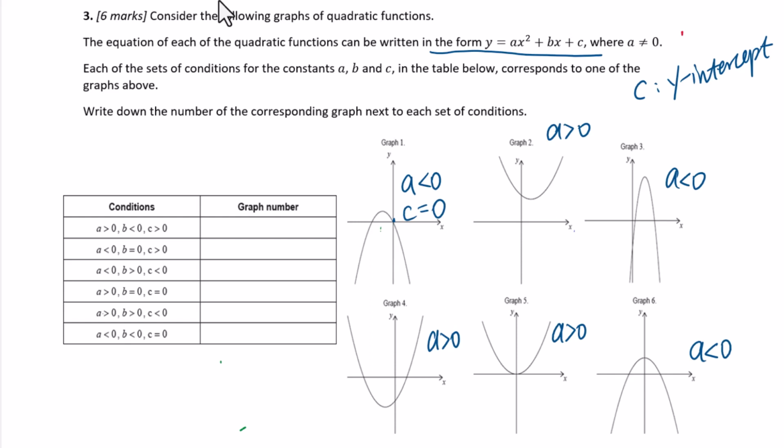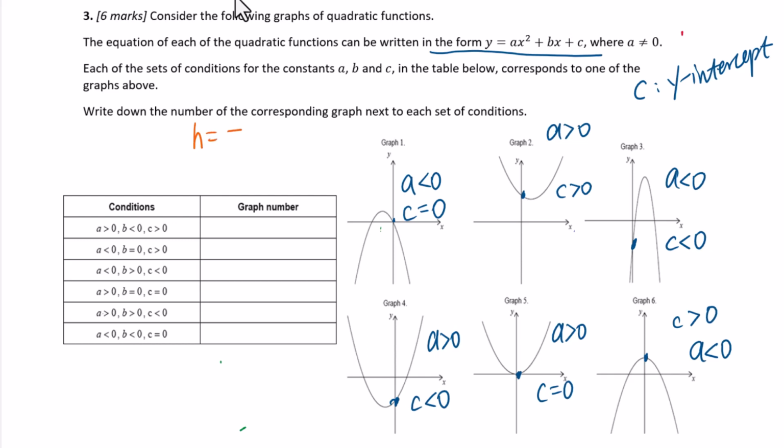For graph 2, y-intercept is positive. Graph 3, y-intercept is negative. For graph 4, y-intercept is negative. For graph 5, y-intercept is 0. For graph 6, y-intercept is positive.